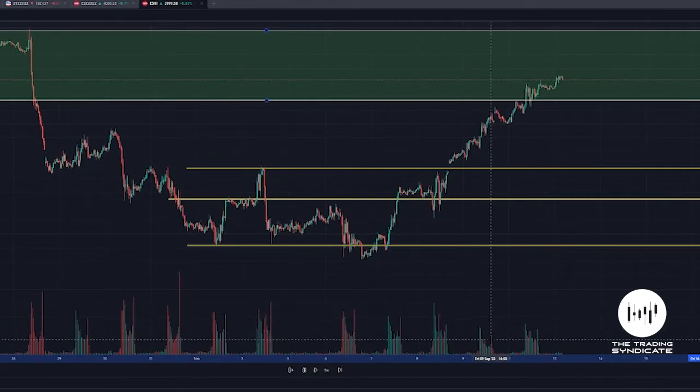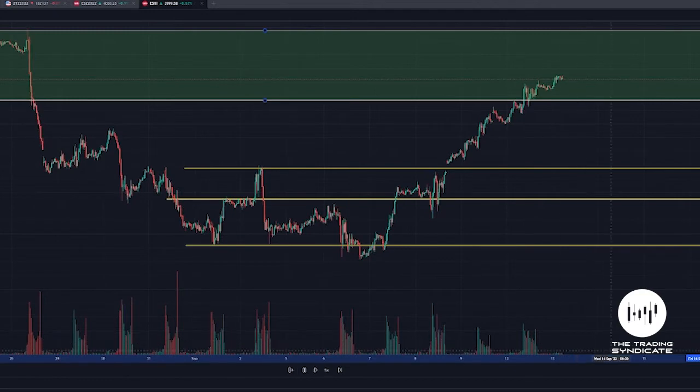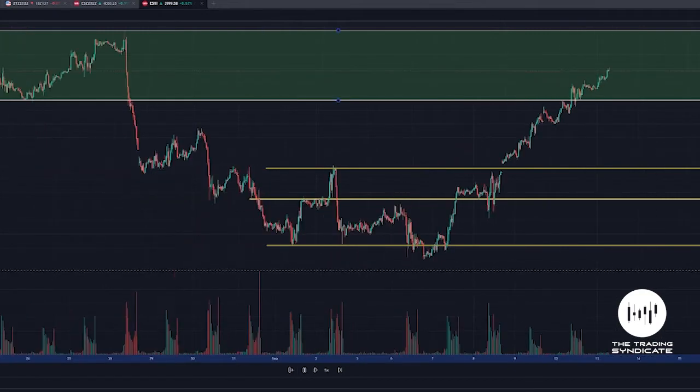We see we're now starting to form volume divergence as the momentum falls off.